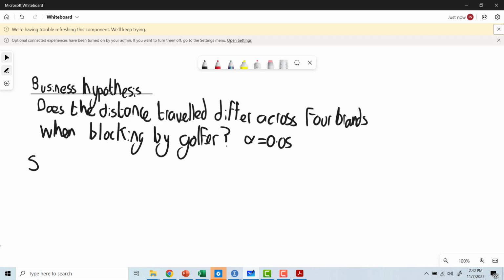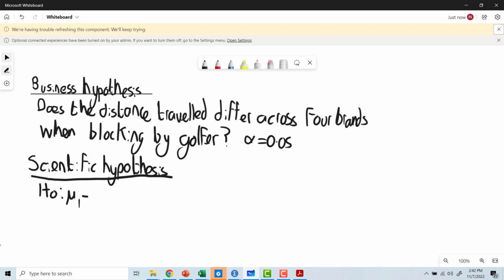So the scientific hypothesis. Now this is completely the same as the completely randomized design.